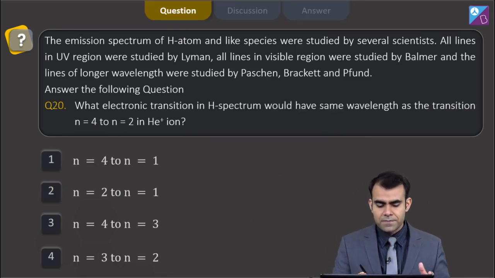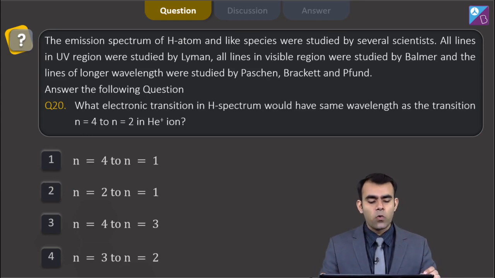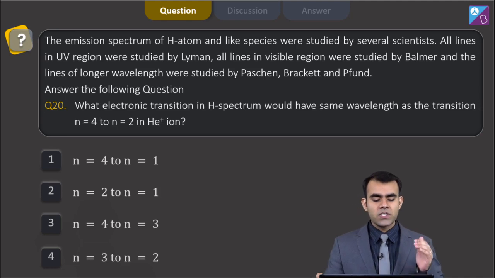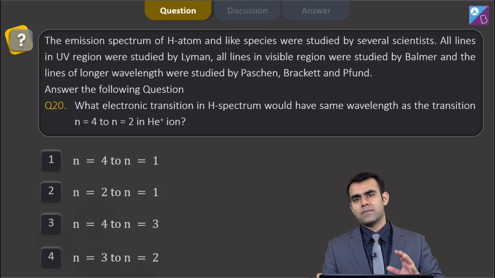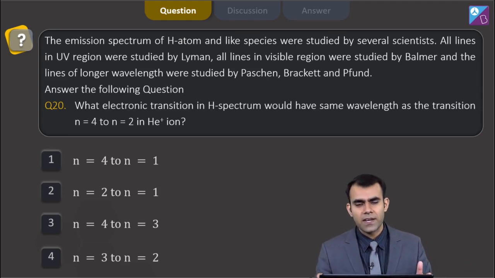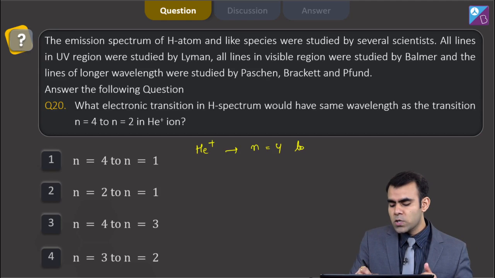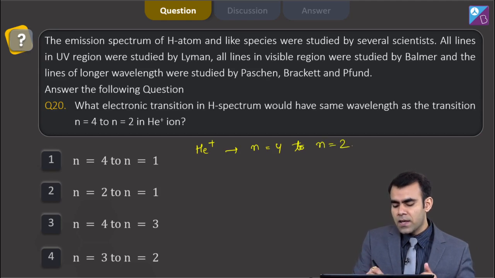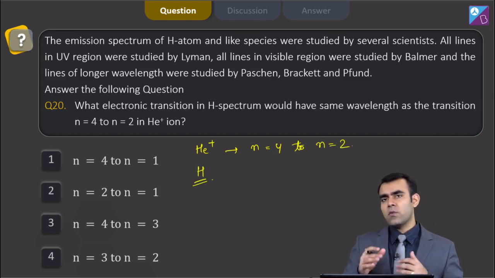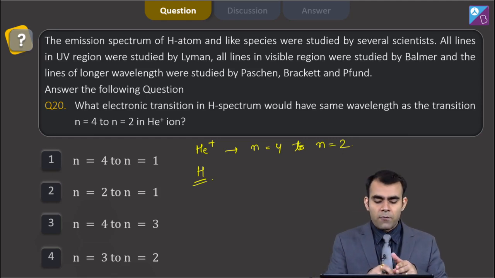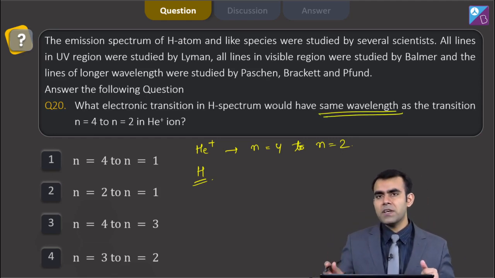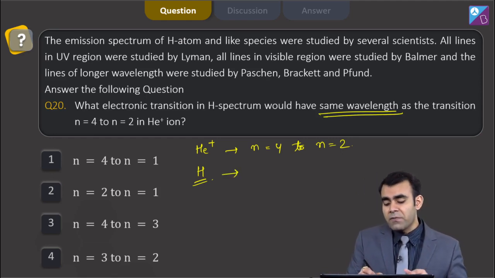Now the next question says, what electronic transition in the hydrogen spectrum would have the same wavelength as the transition n equal to 4 to n equal to 2 in the He plus ion? Again the same concept as we have seen earlier. If in He plus my transition is from 4 to n equal to 2, and I want to know what transition in hydrogen will have the same wavelength, just divide it by 2.